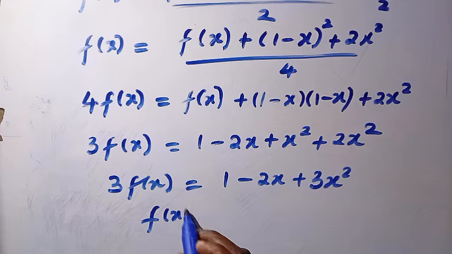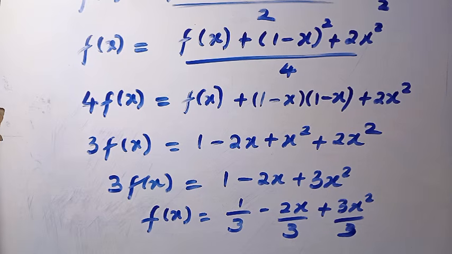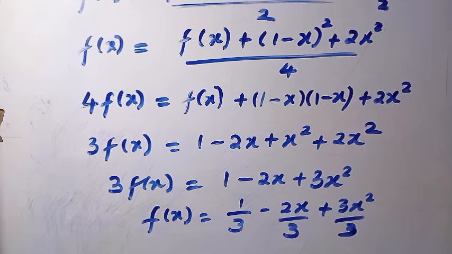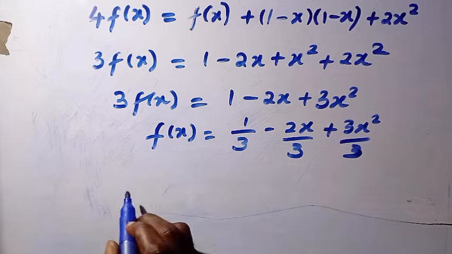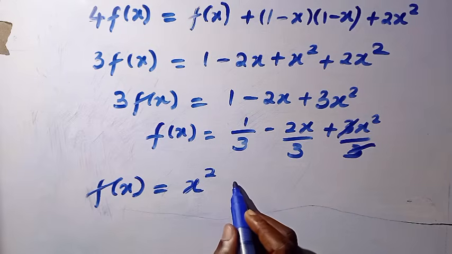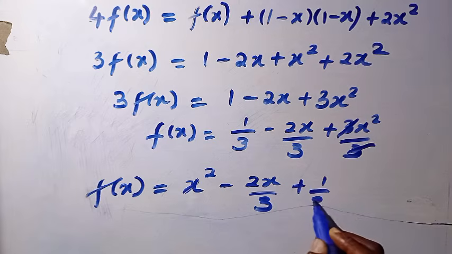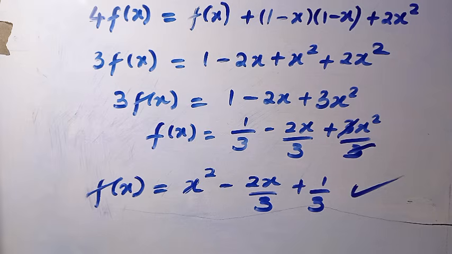And here we have f of x equals 1 over 3 minus 2x over 3 plus 3x squared divided by 3. We can see that 3 cancels 3, while others still remain. So I can rearrange this as f of x equals x squared minus 2x over 3 plus 1 divided by 3. This is what we get for f of x.